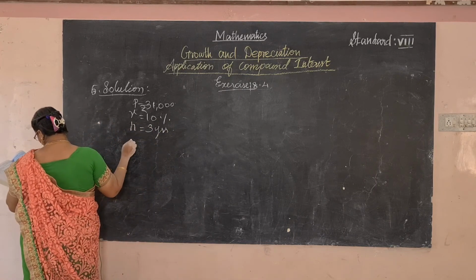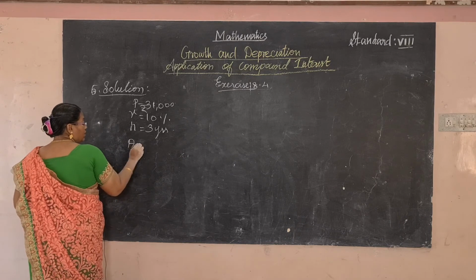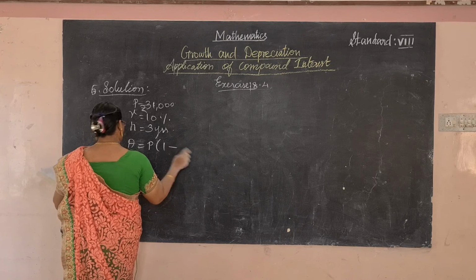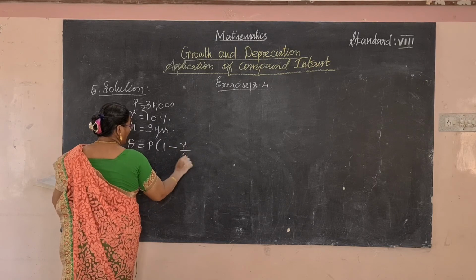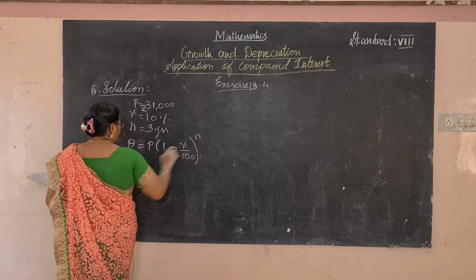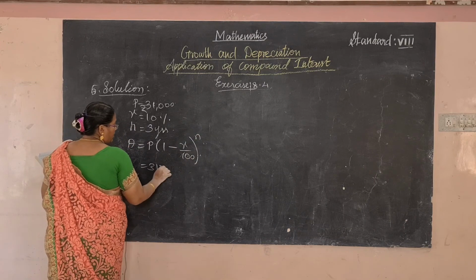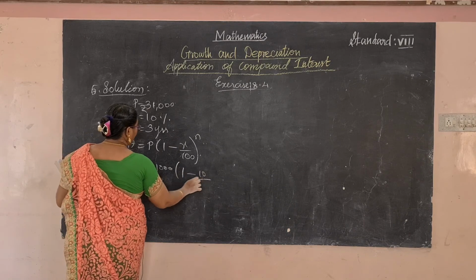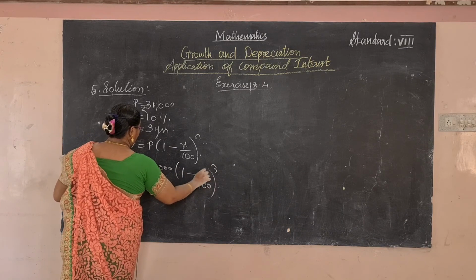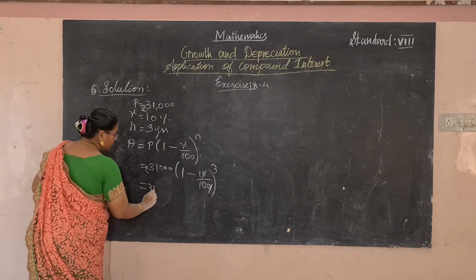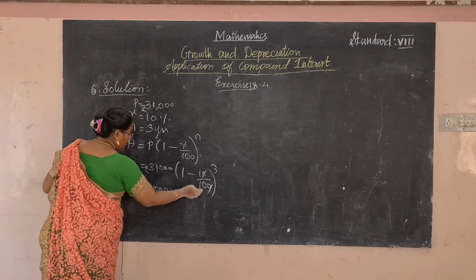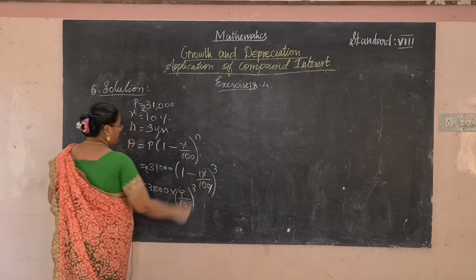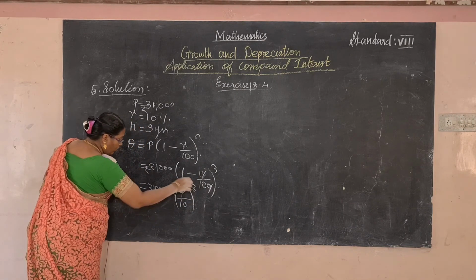So what is the formula? A is equal to P of (1 minus R by 100), depreciation. So P value was 31,000, 1 minus R value 10 by 100 the whole power 3. 10 minus 1 is 9, so 9 by 10 the whole power 3.